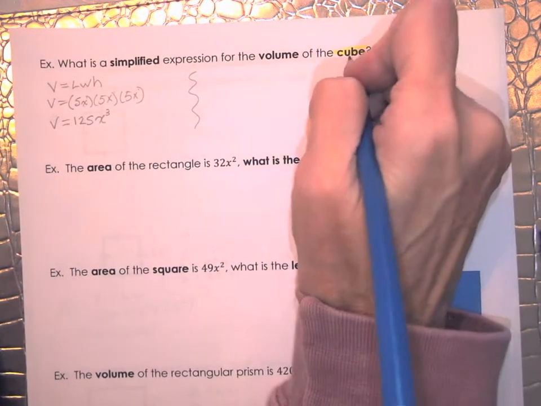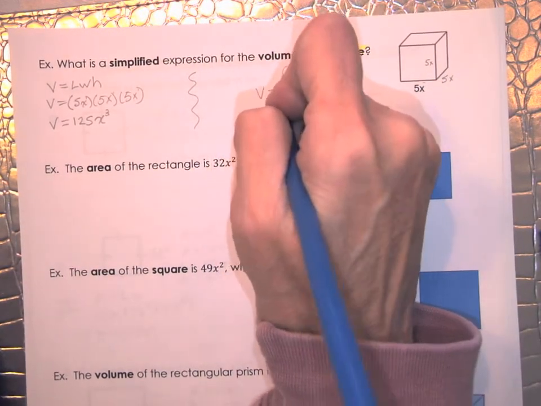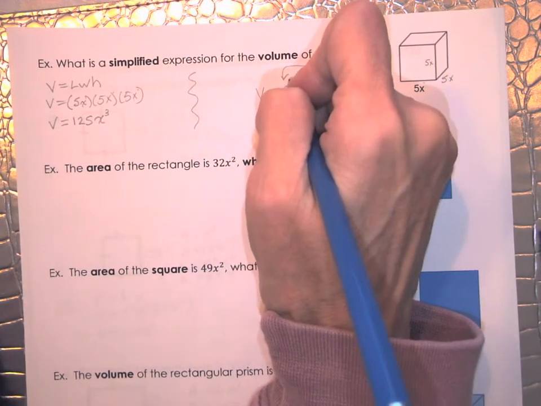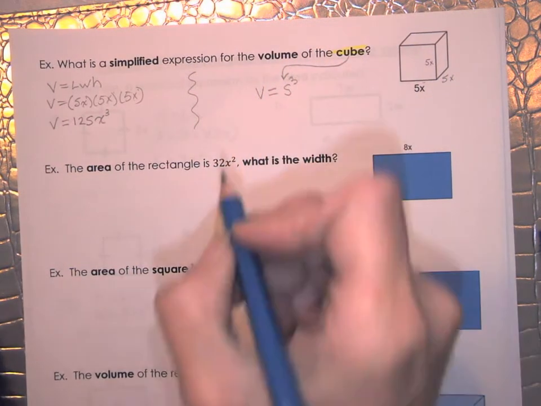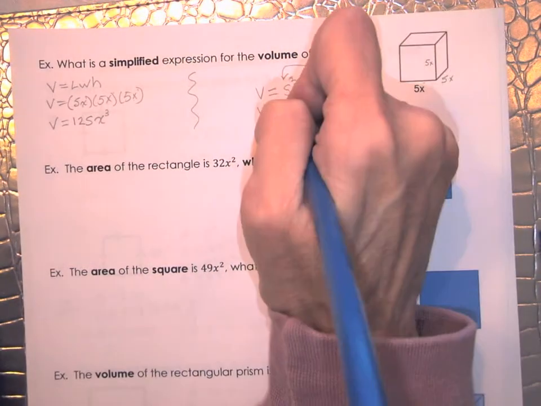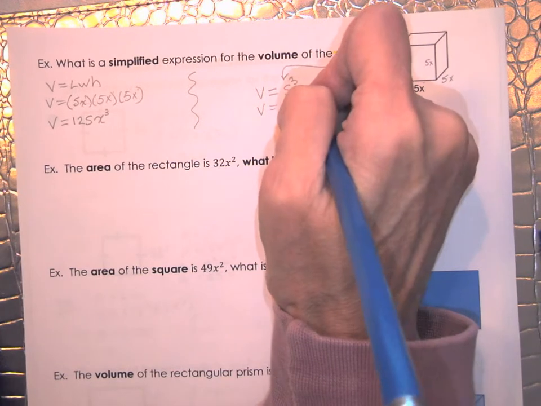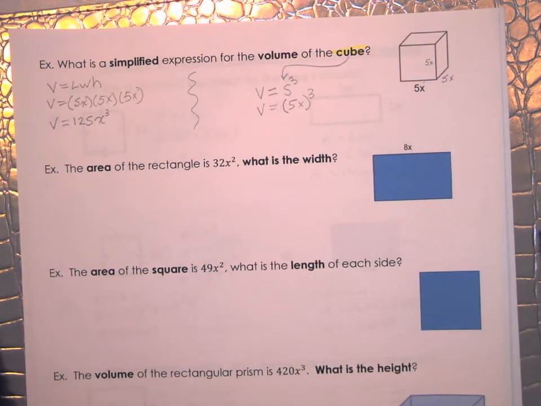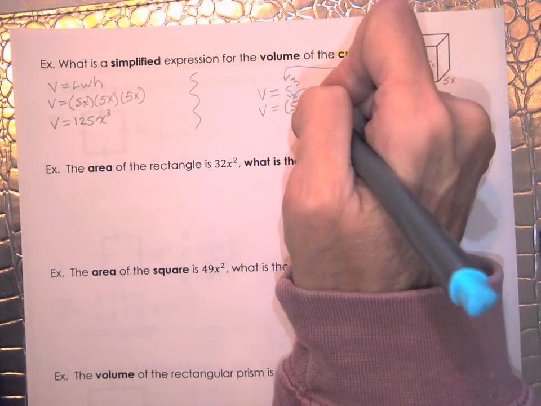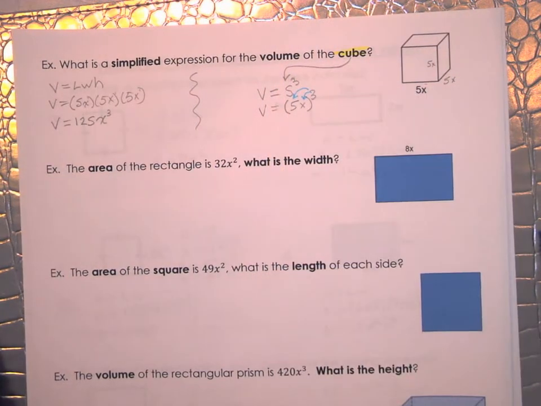But because it's a cube, you could also use the formula, the volume of a cube is whatever the length of the side is cubed, to the power of 3. So if I did it that way, I would replace the side in brackets with a (5x) cubed. And then I know that I apply this power to both the 5 and the x.